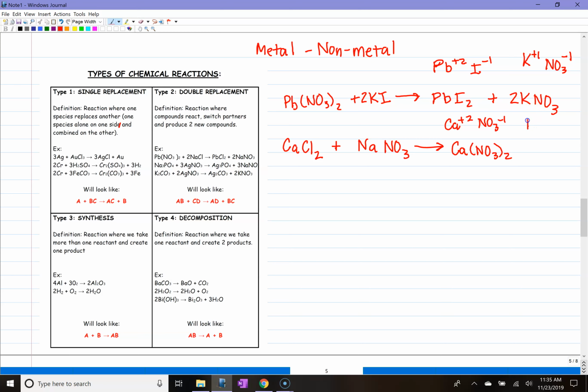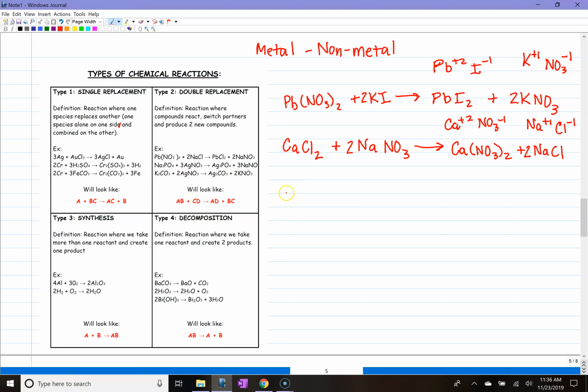And then sodium with a +1 would be with chlorine with a -1. And so it would be NaCl. Now I would have to balance. I'm going to see that nitrate and chlorine are out of balance. So I can come over here and put a 2 in front of sodium chloride to balance out my chlorine. And then I can come and put a 2 in front of sodium nitrate, which will balance out my sodium and my nitrate.